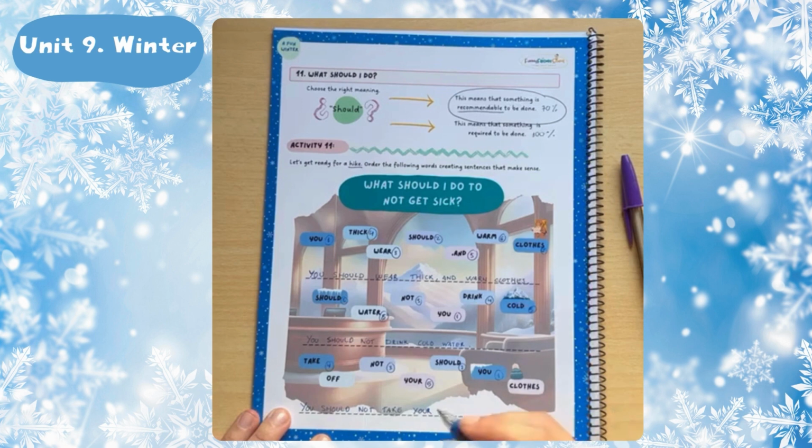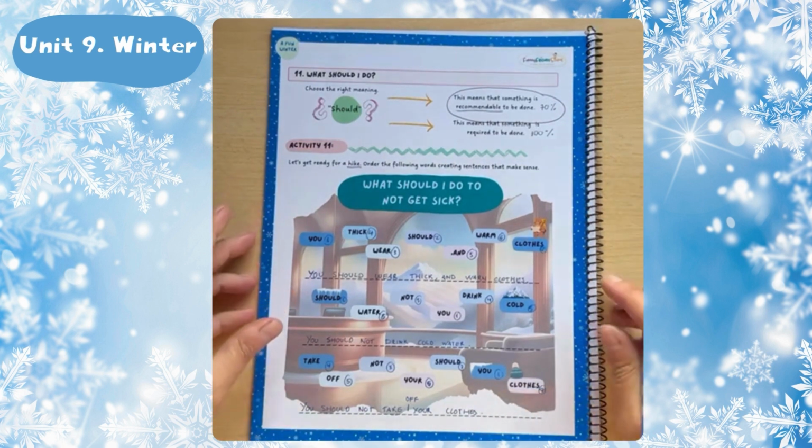Take off. Yes, sorry. Off is the number 5 and your is 6. So you should not take off your clothes. Yes, of course you shouldn't. Yeah, you will get sick otherwise.